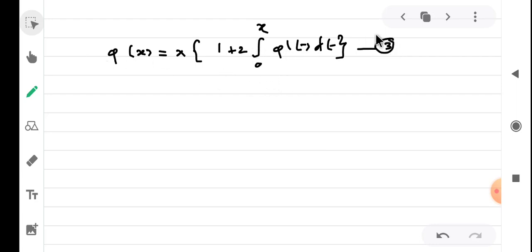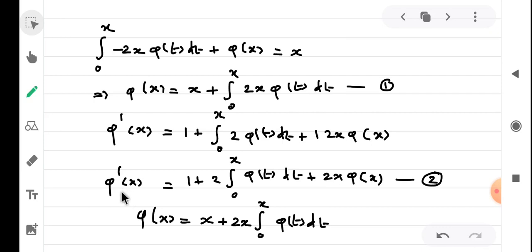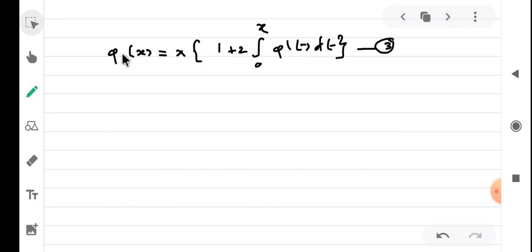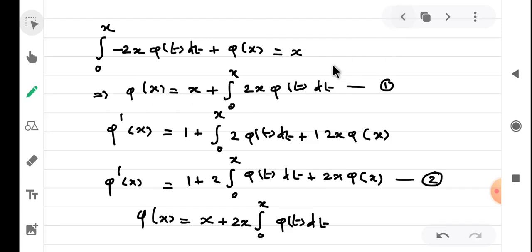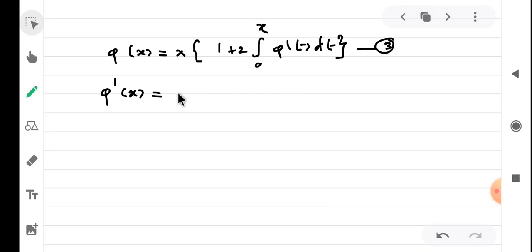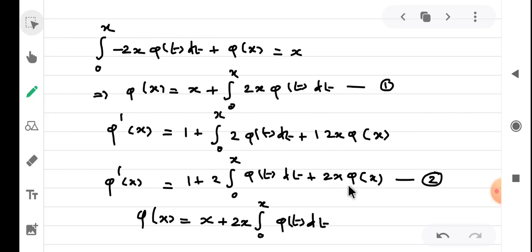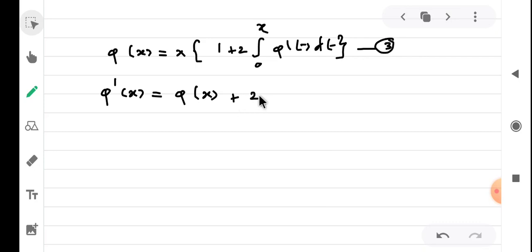Now use equation 3 in equation 2. So let us look into equation 2. Equation 2 says that phi dash of x is equal to 1 plus 2 times integral 0 to x phi of t into dt, plus 2x into phi of x.